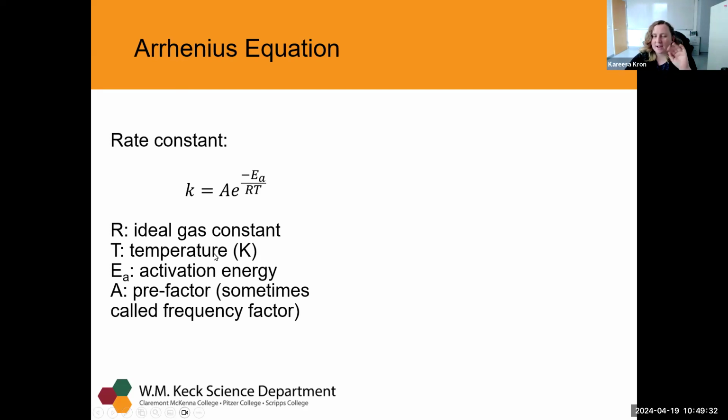So if you have higher kinetic energy in your system, it's more likely that the collisions will happen with enough energy to overcome the activation energy. So the rate constant sort of captures the different postulates into a form that allows us to numerically calculate constants from the energies of the system and the frequencies of which they're interacting with each other.